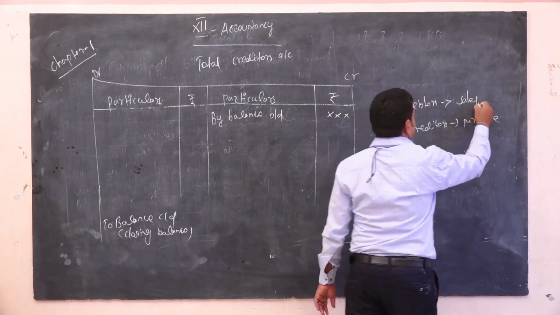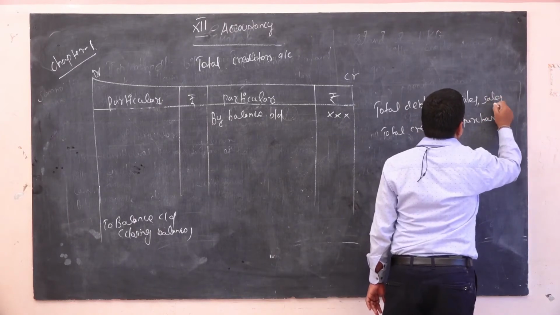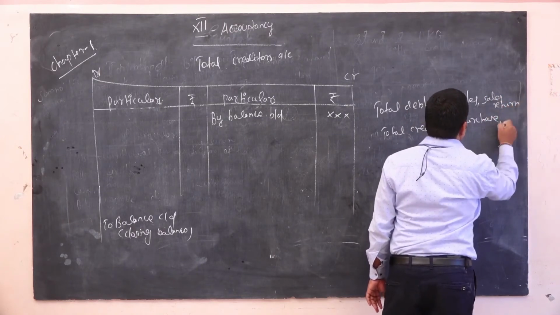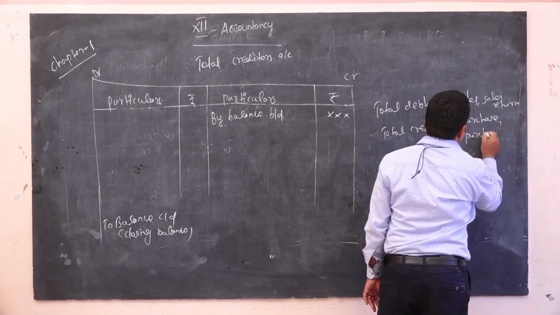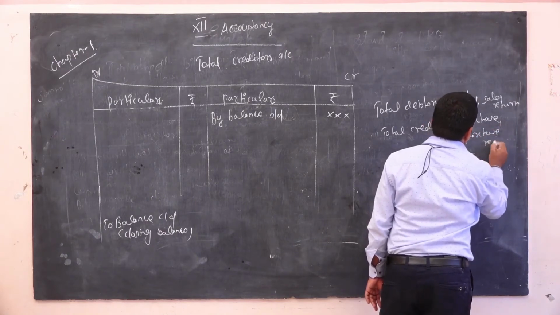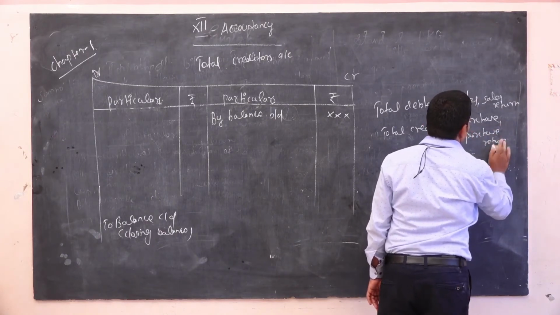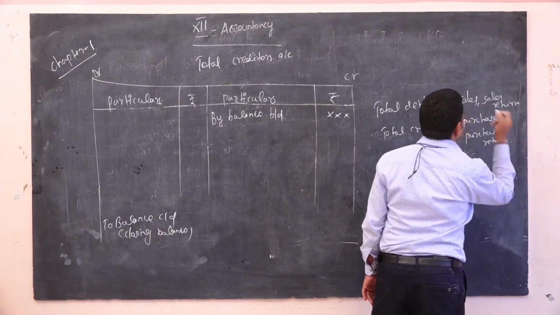Sales means you have to consider sales return, and then purchase return. Okay, purchase return. Not satisfied with the product, the customer returns your product, that is called return.